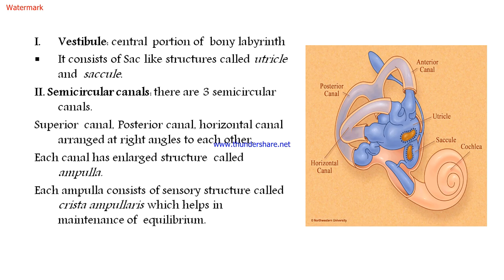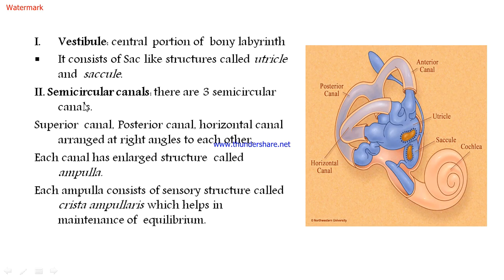The first one is the vestibule, the central portion of the bony labyrinth. It consists of two sac-like structures, the utricle and saccule.